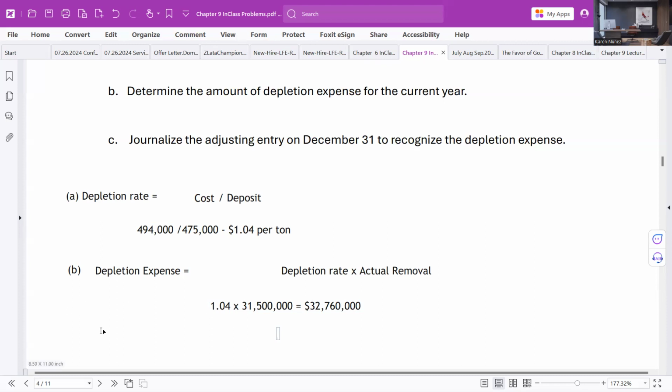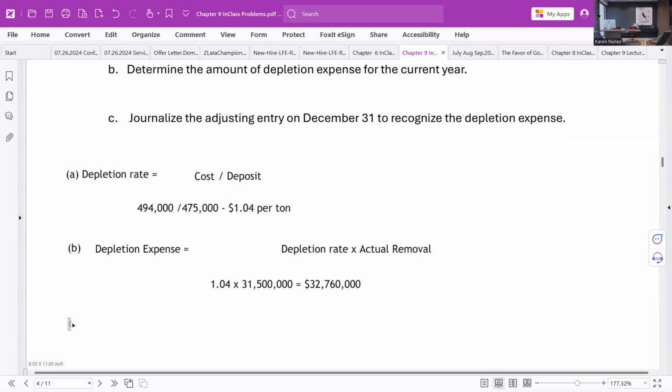in Part B. And then lastly, in Part C, we need an adjusting entry to recognize the depletion expense. Well, depletion expense is an asset, right?